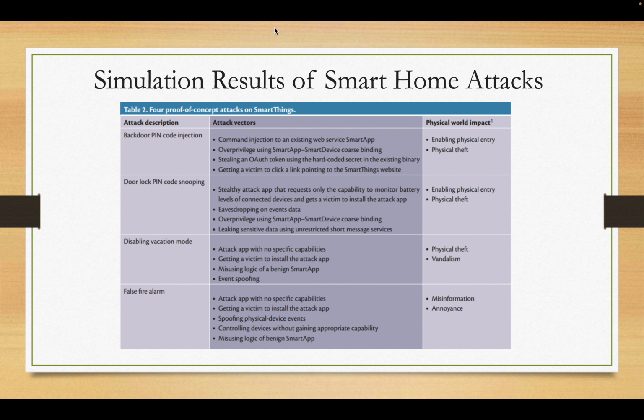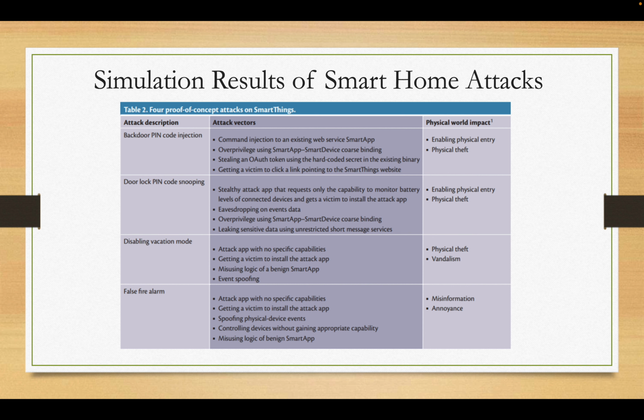We're going to go over a simulation of results that the authors found in their findings. Here are four proof of concept attacks. The first one is a backdoor pin code injection, which enables physical entry.